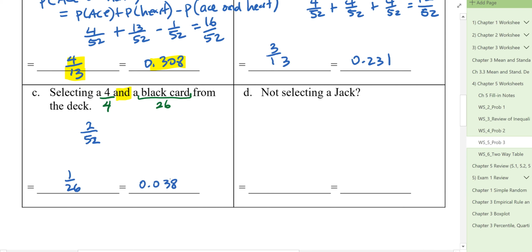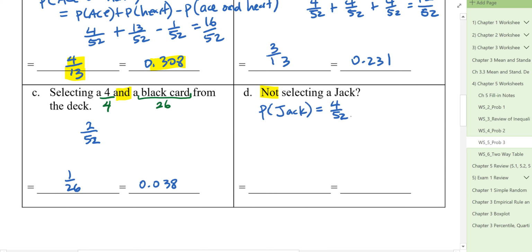Not selecting a jack. Okay, now notice the keyword here is "not." Not tells me I'm looking for the complement. So not selecting a jack equals 1 minus selecting a jack. How many jacks are there in the deck? There are 4 of them.